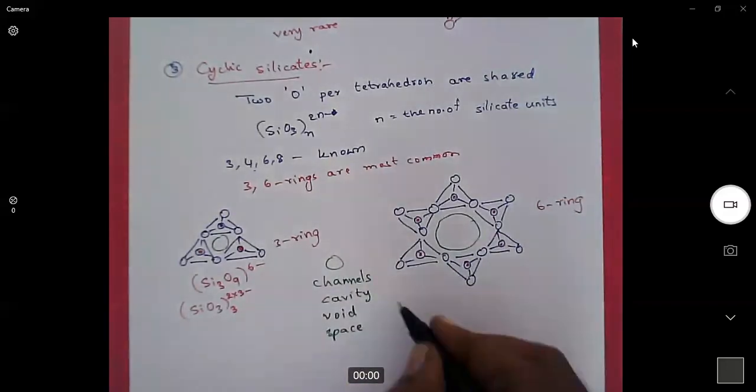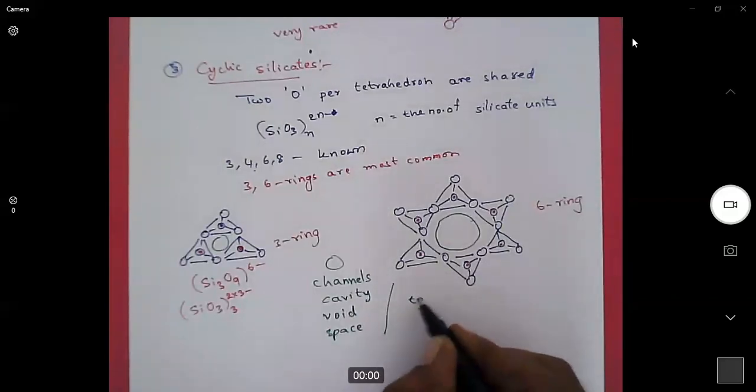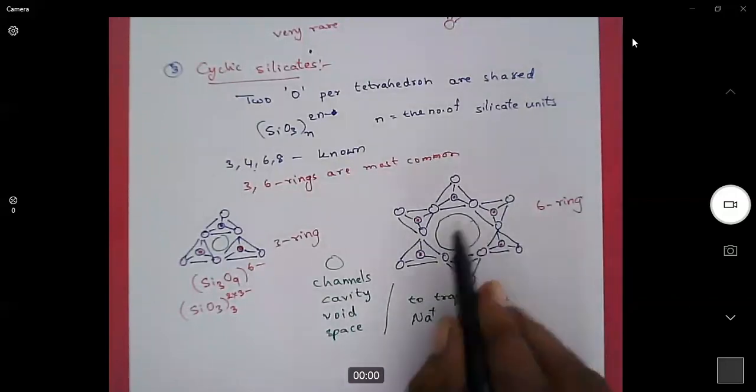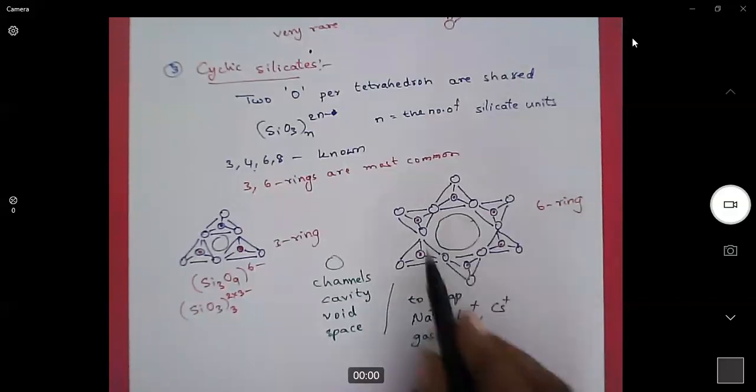What is the use of these cavities, voids, spaces or channels in the cyclic silicates? These are used to trap ions like sodium ions, lithium ions, cesium ions. Based on the size of the channel or the cavity, we can use these silicates to trap these things, or we can also trap gas molecules, or water molecules.